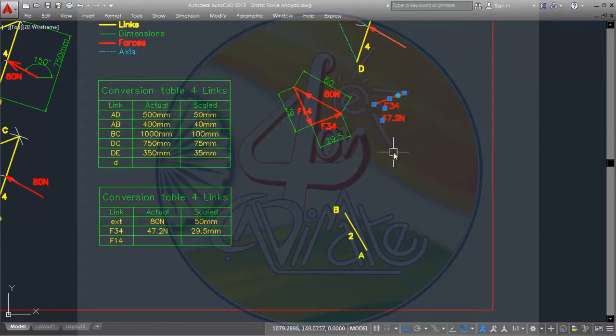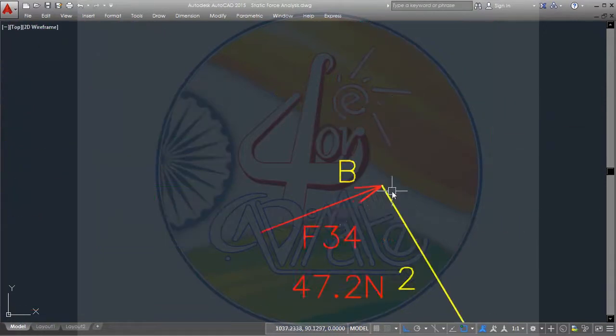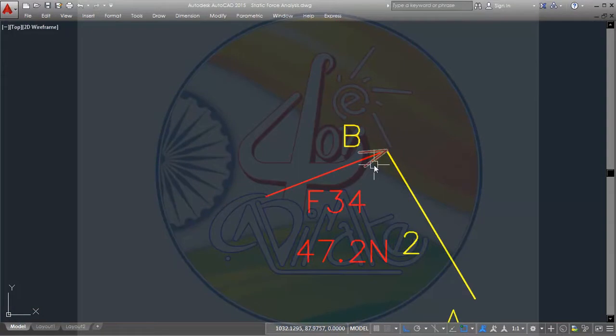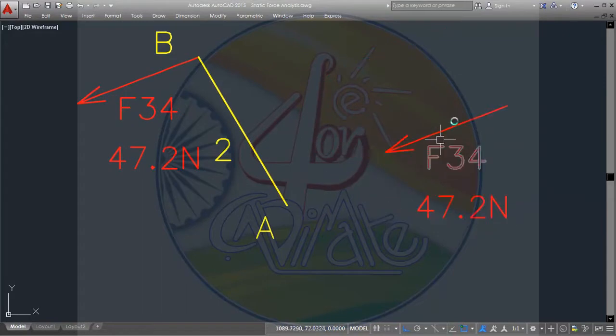Fine. So here again it will act in the opposite direction. The direction will change here. And the same will act this side, but again in the opposite direction.